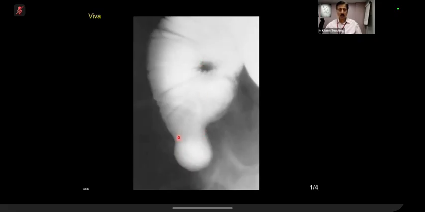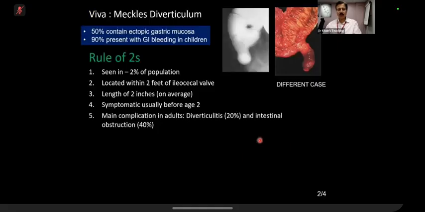And this outpouching is maybe a small outpouching. And look at the mucosa. It gives you this V-shaped pattern here. The point is that this is a slam dunk case of what? You know it. Anti-mesenteric border, Meckel's diverticulum.